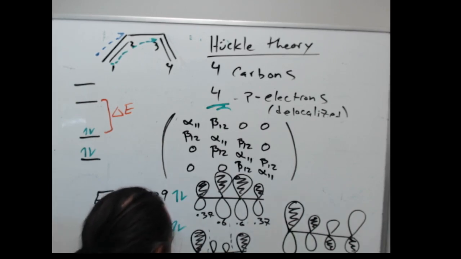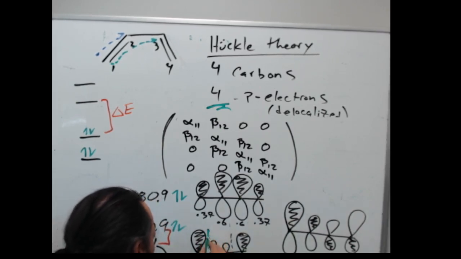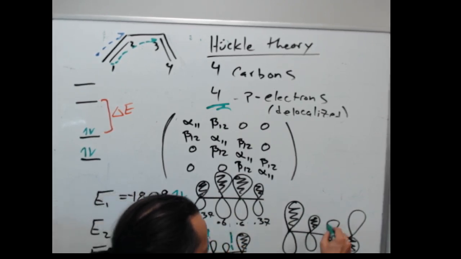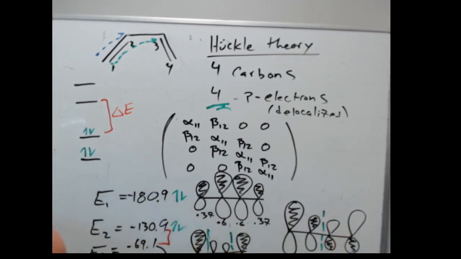I'm going to do that in green. I've got a phase flip there, phase flip there, phase flip there. So I've got these nodes of no electron density. And the place where I do have some overlapping in the middle, it's a smaller contribution than the big parts. So this one, even though it does have some bonding characteristics, it's mostly anti-bonding.